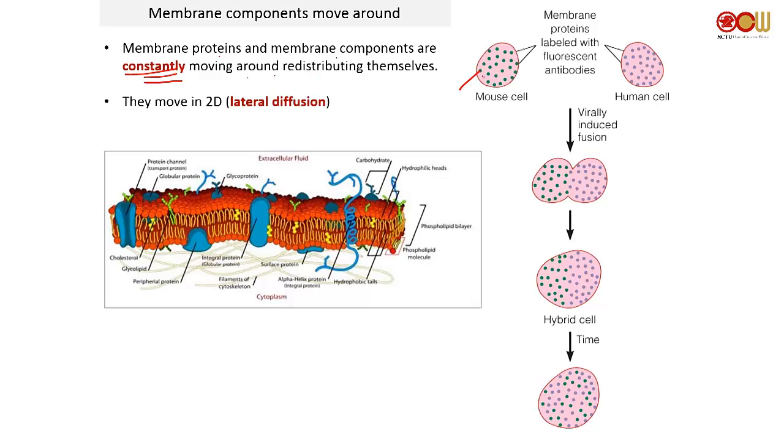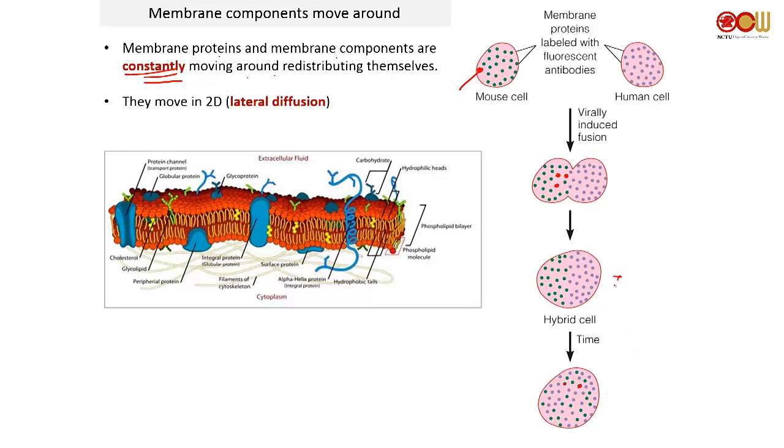All you have to do is tag a protein that's on one membrane, and then fuse the cells together, fuse the membranes, and then what you should see is that these labeled proteins, through time, will get distributed across the cell.